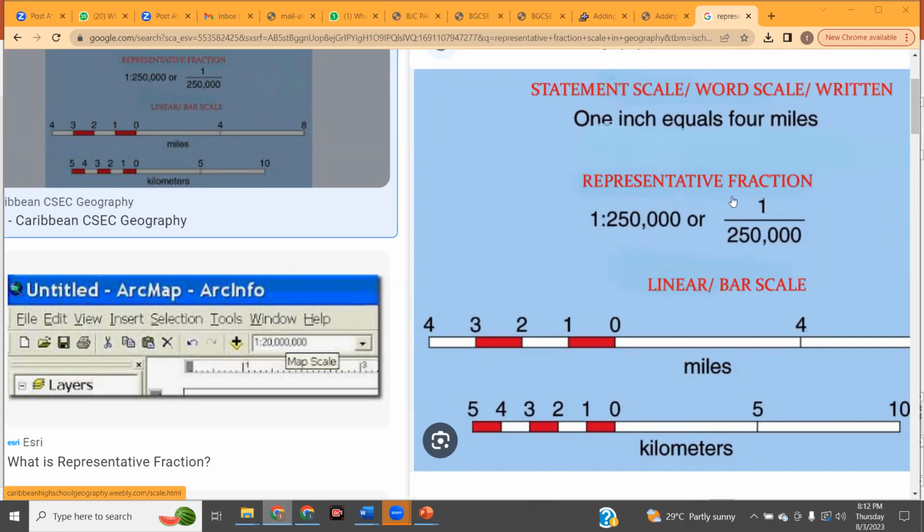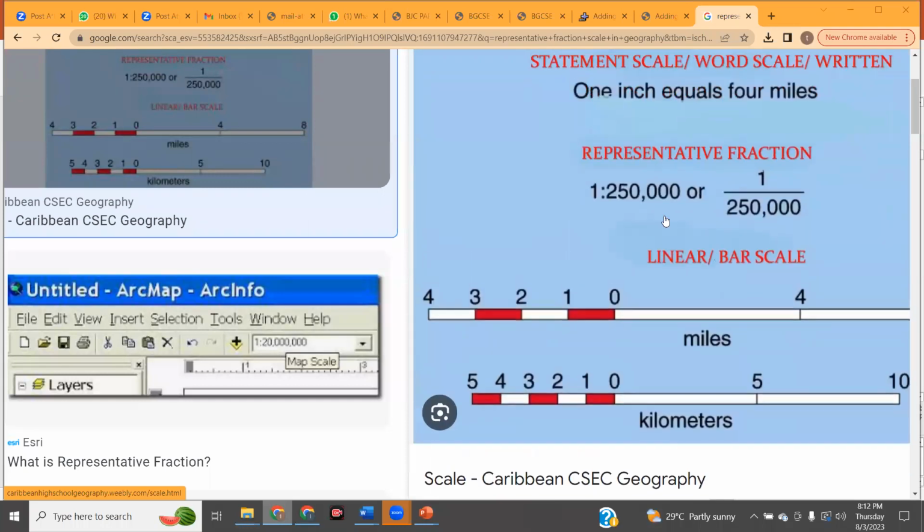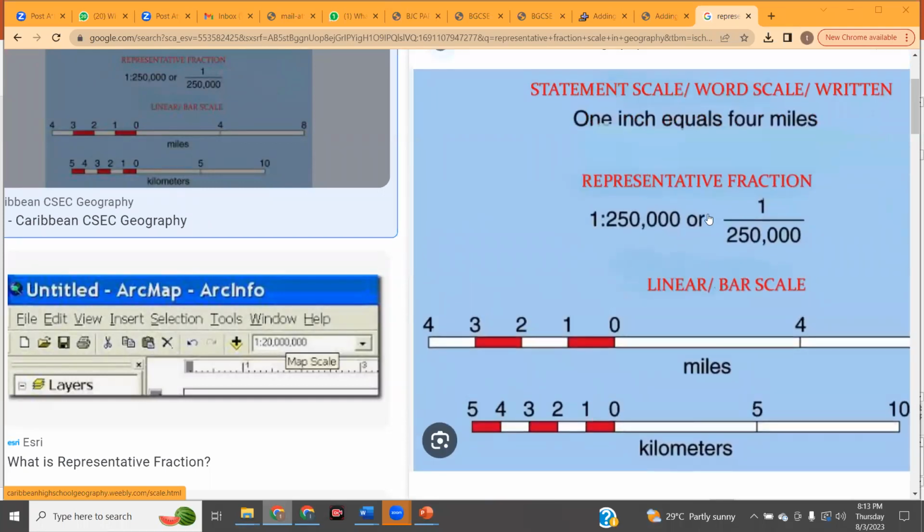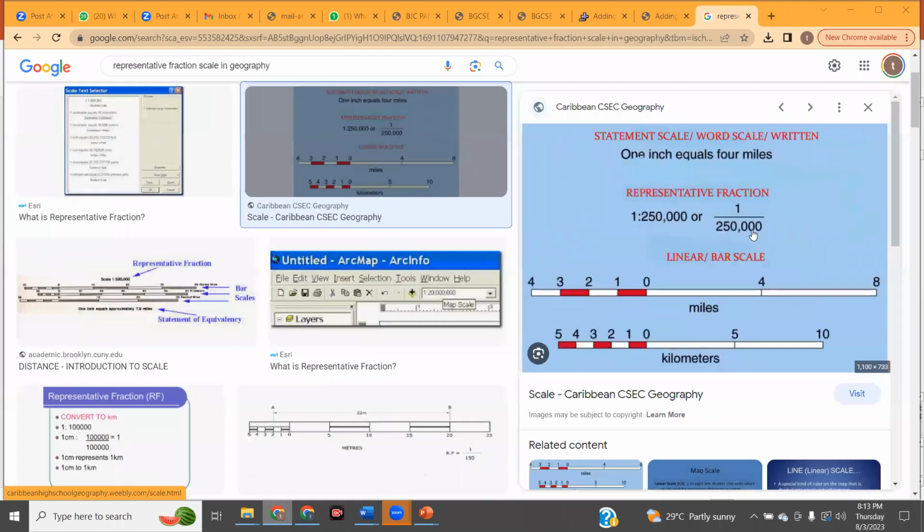That is a representative fraction. We can see it in geography and on maps in the scale. That's what representative fraction is, where you can have it as a ratio or as a fraction.